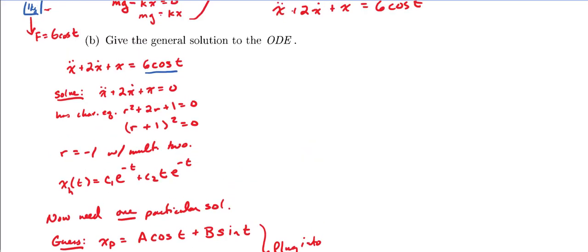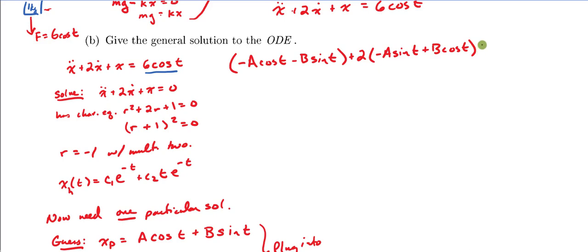So when I do that, let's go up here. When we plug that into the original ODE, and this is going to be kind of lengthy, we will have minus a cosine t minus b sine t, plus 2 times (minus a sine t plus b cosine t), plus 1 times (a cosine t plus b sine t).